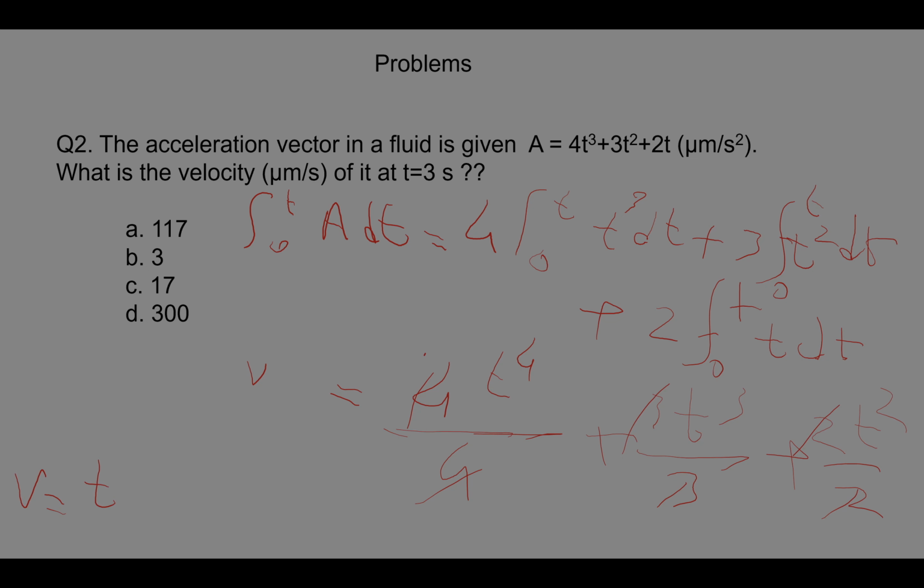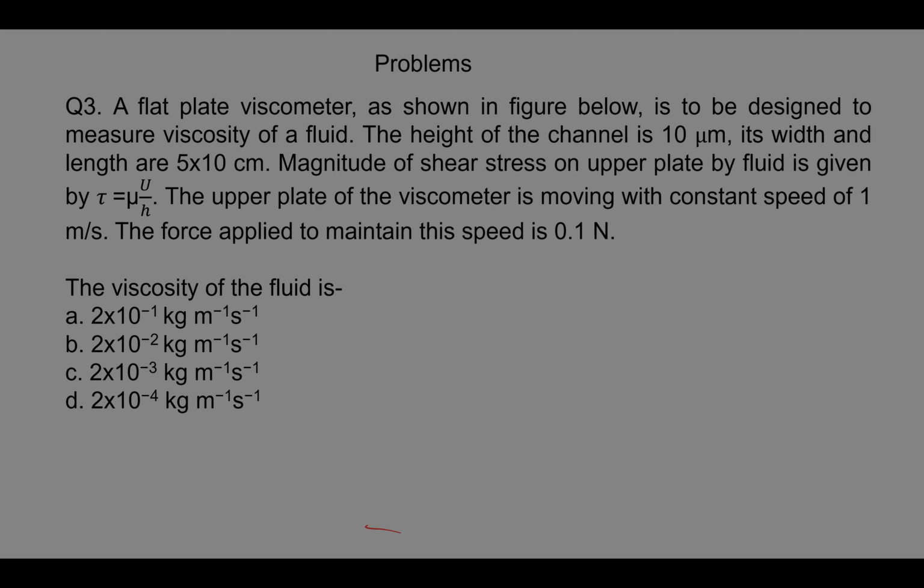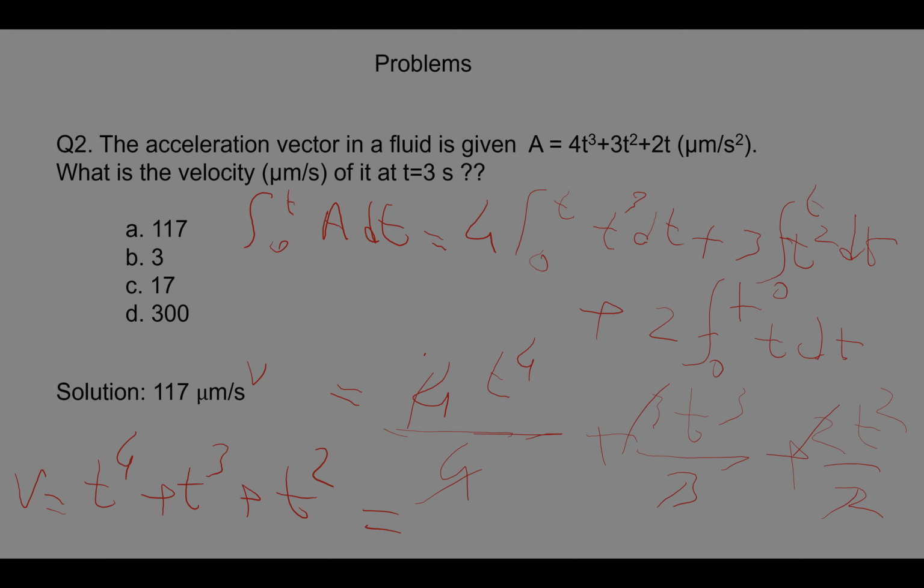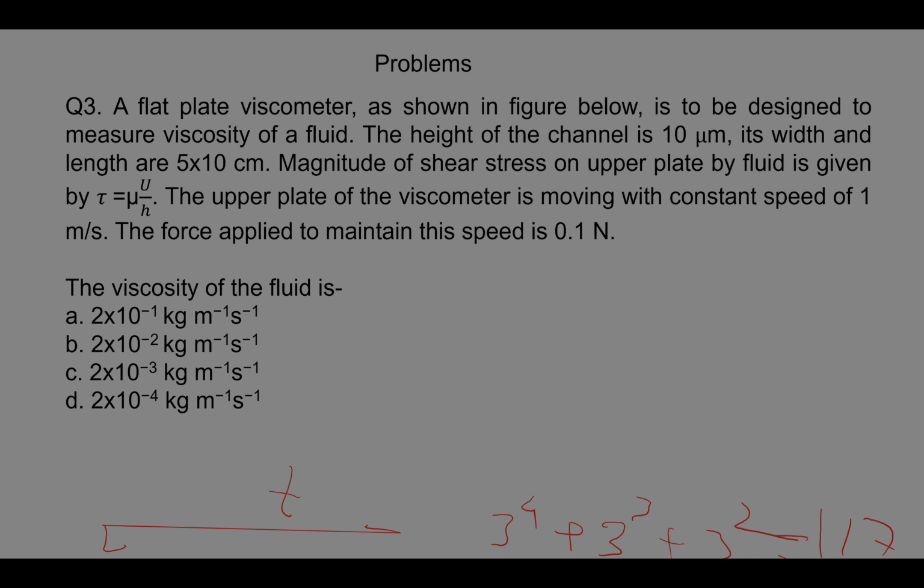Now we will have the formula t^4 + t^3 + t^2, and the answer we can calculate by putting t equal to 3: 3 to the power 4, 3 to the power 3, 3 to the power 2. Now we go for another problem.